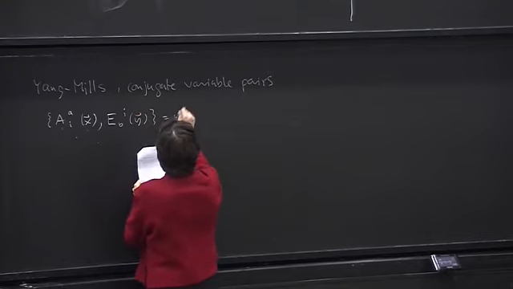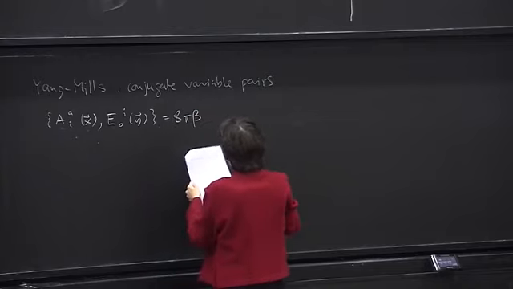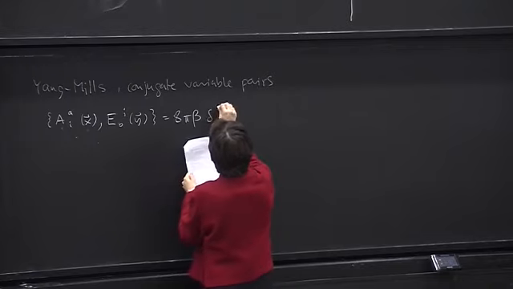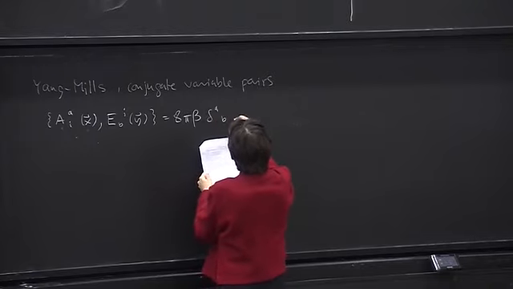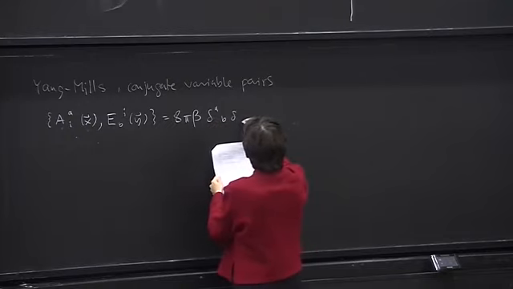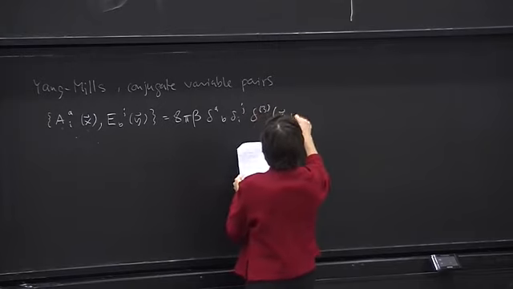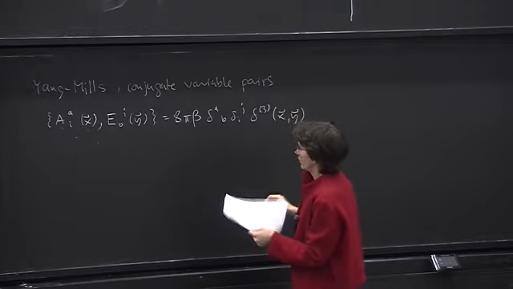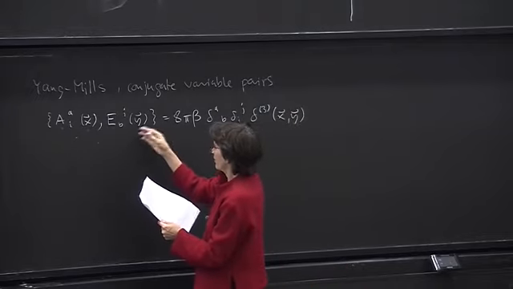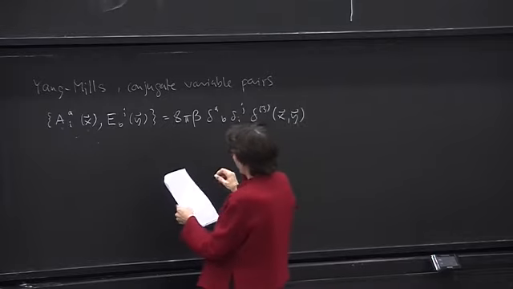And they commute with some coupling constant in front to give delta functions: Kronecker deltas with respect to the index labels, a delta AB and a delta IJ, and a Dirac delta function with respect to the spatial arguments. And of course, it's an equal time Poisson bracket.